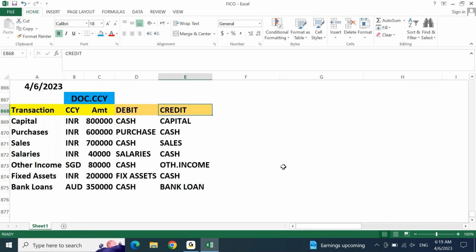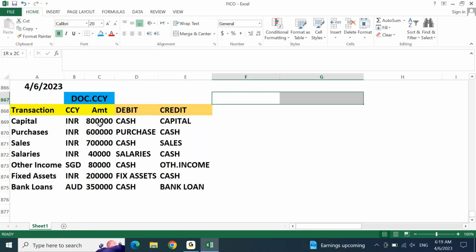Now, when you write the accounting entry, cash to capital, you are going to write the value in document currency first. Based on the document currency, which currency is updated? Local currency. Based on the document currency, local currency will be updated.